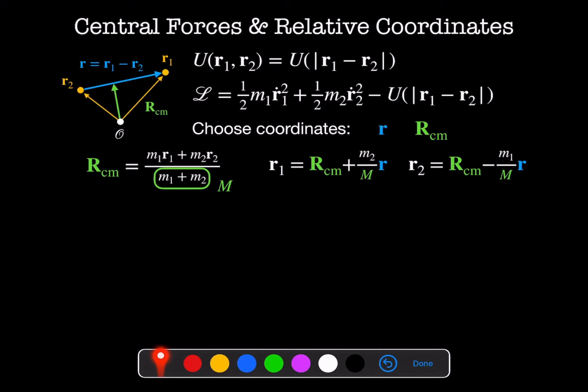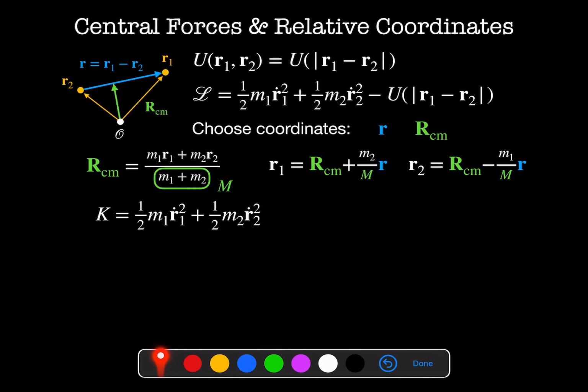Now let's rewrite the kinetic energy to be a function of the relative coordinate r and RCM. The kinetic energy is 1/2 m1 r1 dot squared plus 1/2 m2 r2 dot squared.